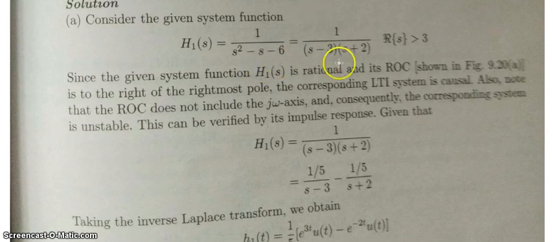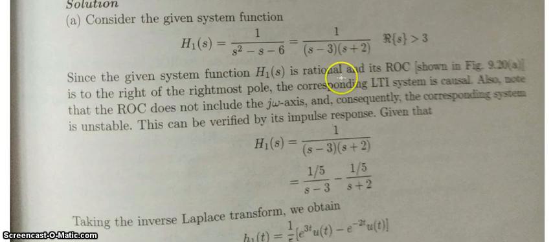On partial fraction expansion, 1/(s^2 - s - 6) is 1/((s-3)(s+2)), and the given system has two poles located at -2 and 3. In this case the ROC is real part of s greater than 3, that is, the ROC lies to the right of the rightmost pole.